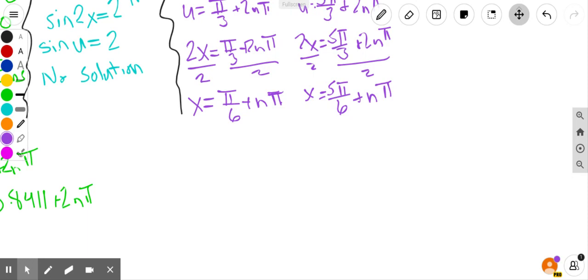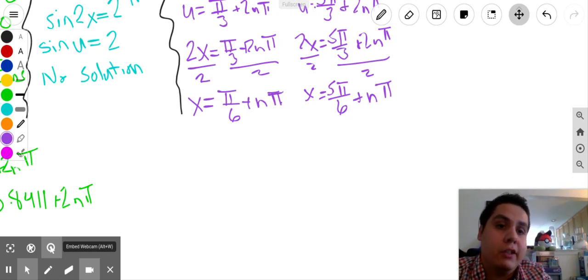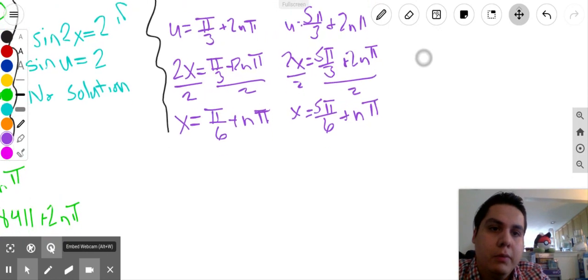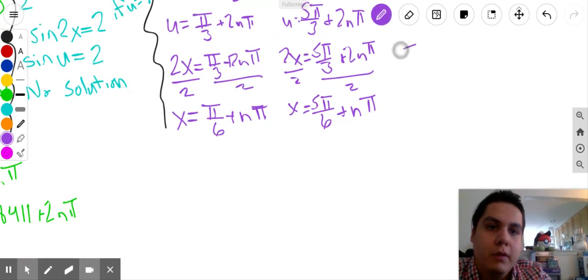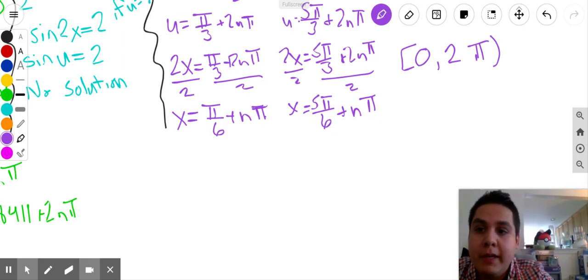I will say this kind of as an important note. Like this last problem, if I was looking for answers between 0 and 2 pi, then you have to be careful and really think about what you did.